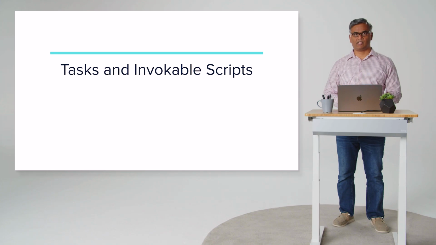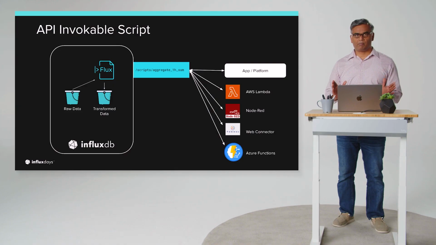I'm going to switch gears a little bit here, and next I'm going to introduce a recent capability we added to the task system, invokable scripts, and how it instantly adds value to tasks. So what is an API invokable script? You should think about an API invokable script as a serverless function, like an AWS Lambda. There are some important differences. For example, say you wrote a custom downsampling logic when you onboard your first customer.